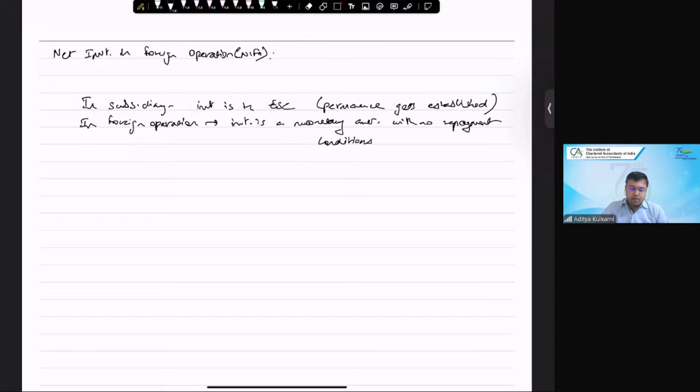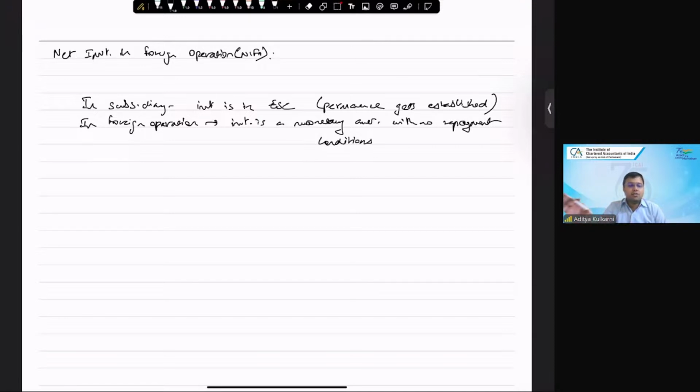Okay. Let me put it another way. आपने पैसे इन्वेस्ट किया, you have put your money to your subsidiary. You have given money to your subsidiary for funding its operations. Do you expect that money to come back to you?